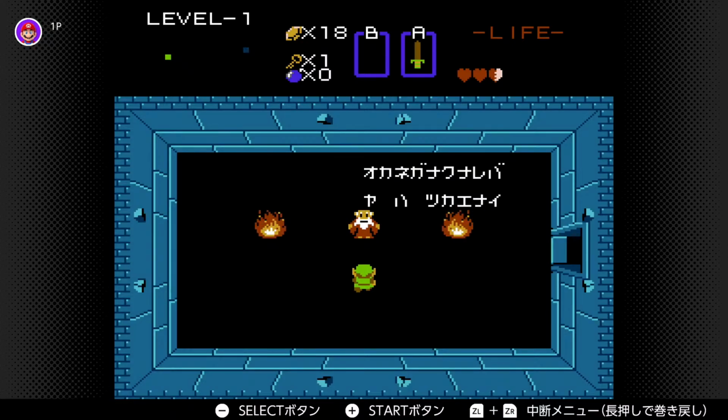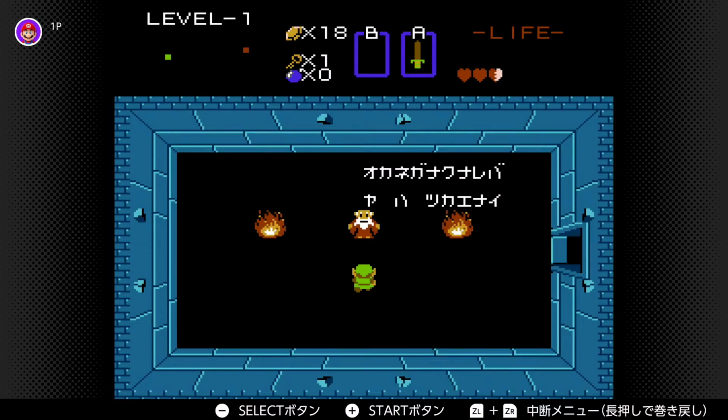We add the prefix that beautifies it, that makes it more polite. And yes, usually the word okane is used this way, always with the o before it to mean money.